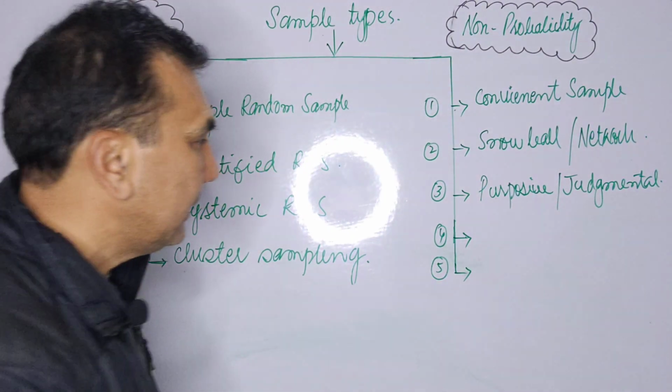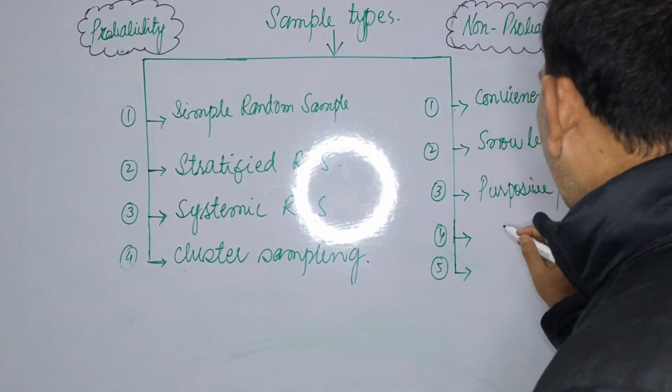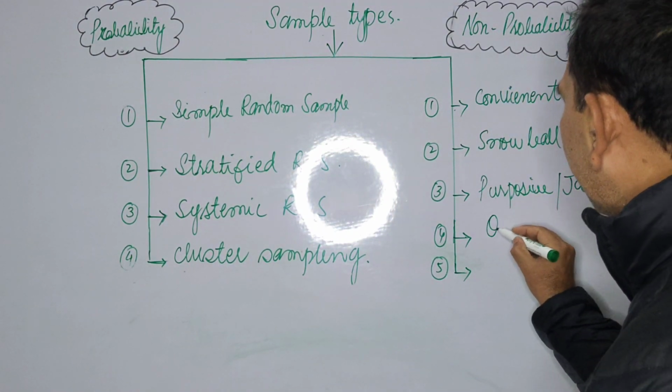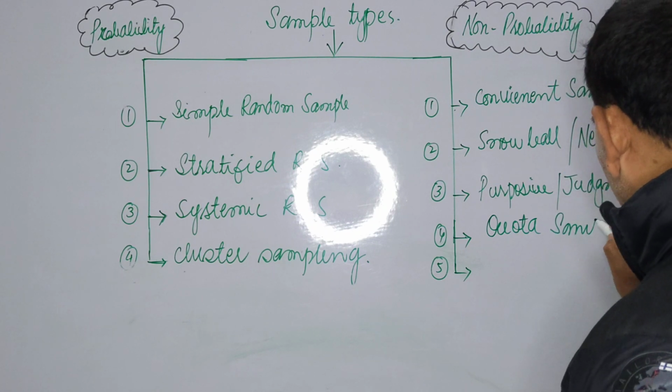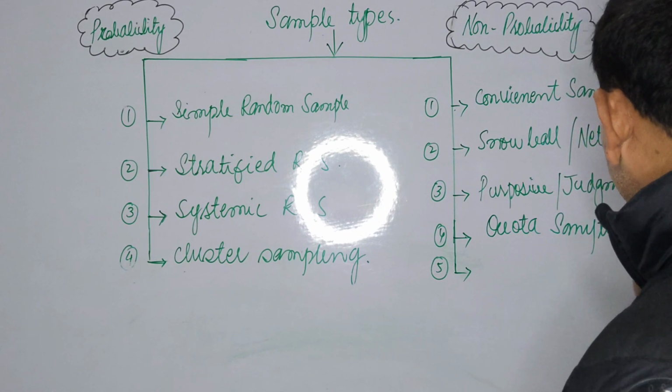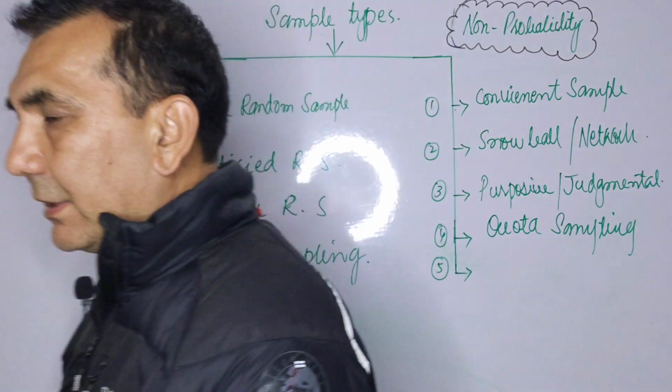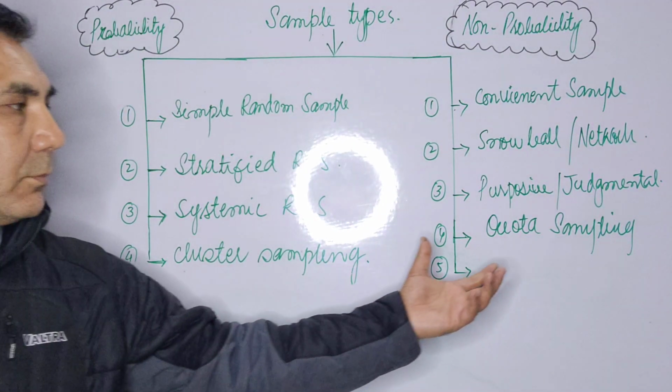Now the fourth type of non-probability sampling is called quota sampling. Quota sampling is again non-probability sampling.